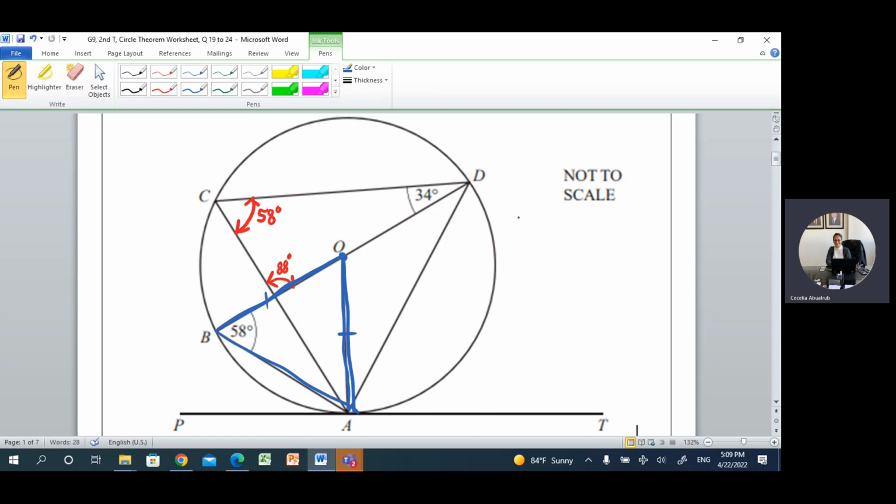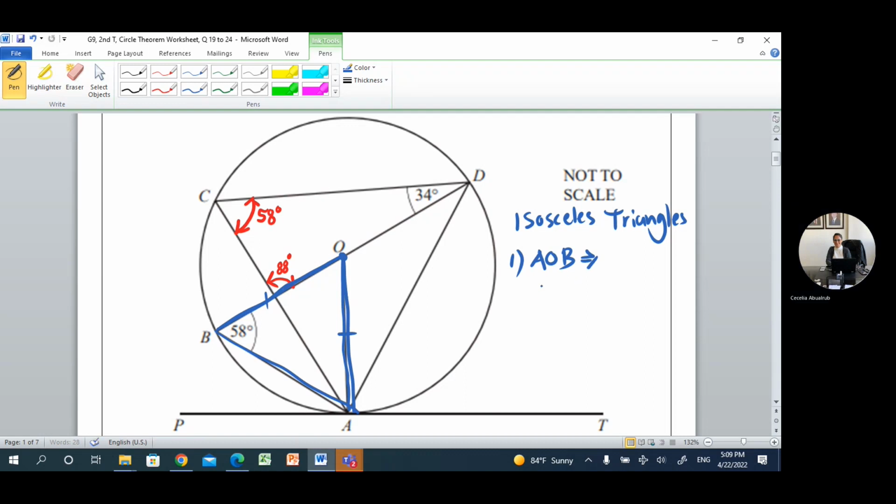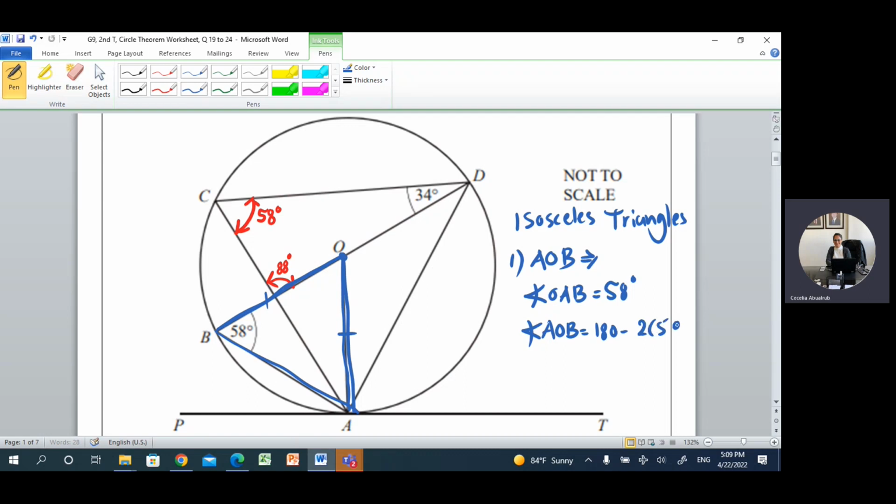So this is an isosceles triangle. Triangle AOB: we found from this triangle angle OAB is equal to 58 degrees, and angle AOB is equal to 180 minus 2 times 58, and the answer will be 64 degrees. So this angle here is 64 degrees.